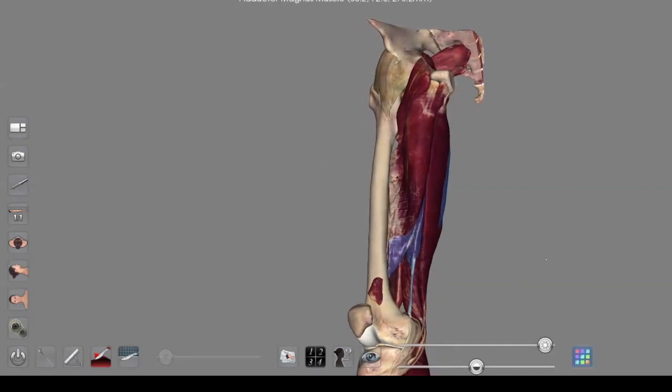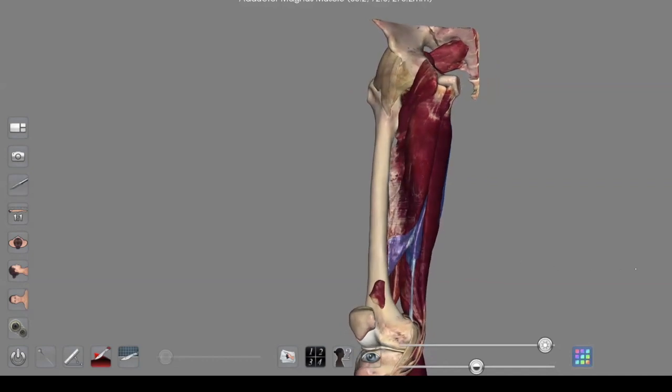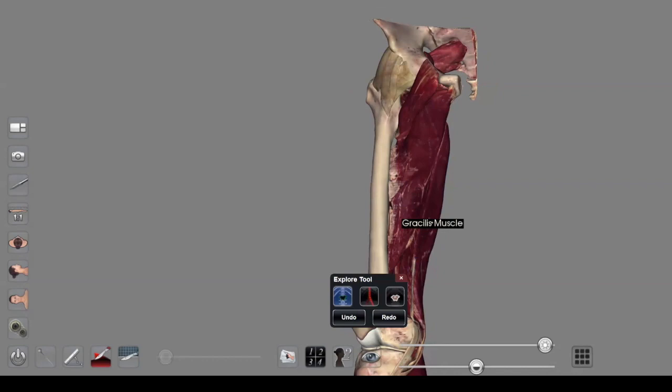Beginning with the largest, the adductor magnus, we remove some of our other adductors so we can see it more easily.